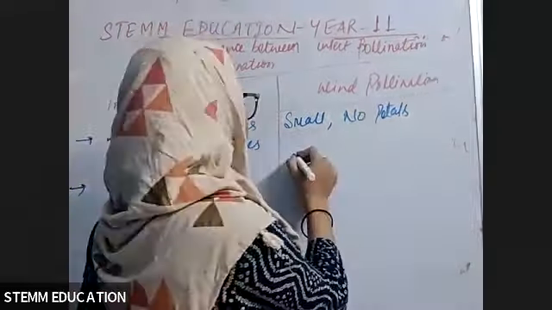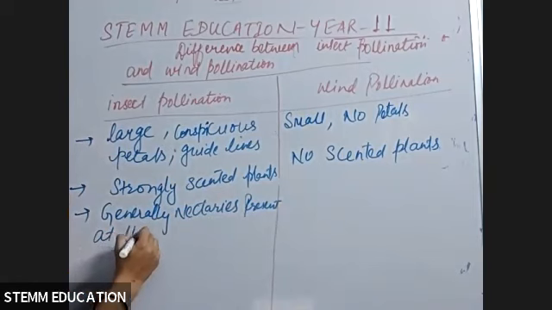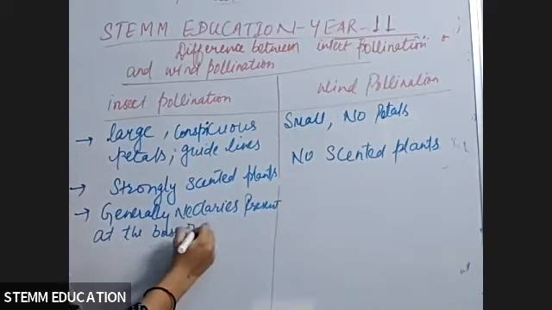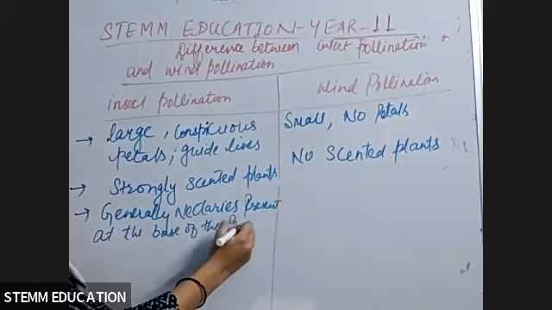Nectaries are present at the base of the petals, so that they can attract the insect to suck the nectar.